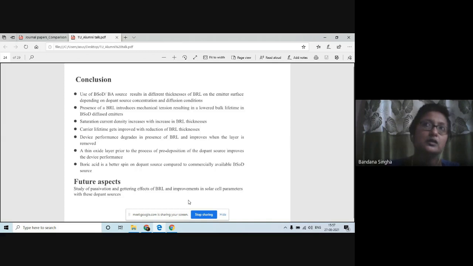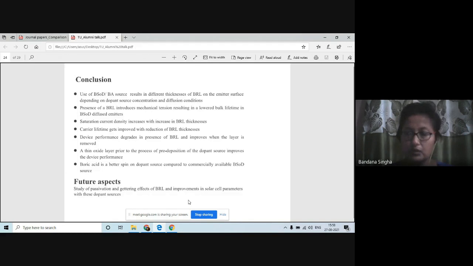So depending on the dopant sources, we can have different boron-rich layer thicknesses on the emitter surface, and their properties also differ. People are constantly trying to use other aspects of the boron-rich layer, such as gettering sites, for improving the performance of solar cells.